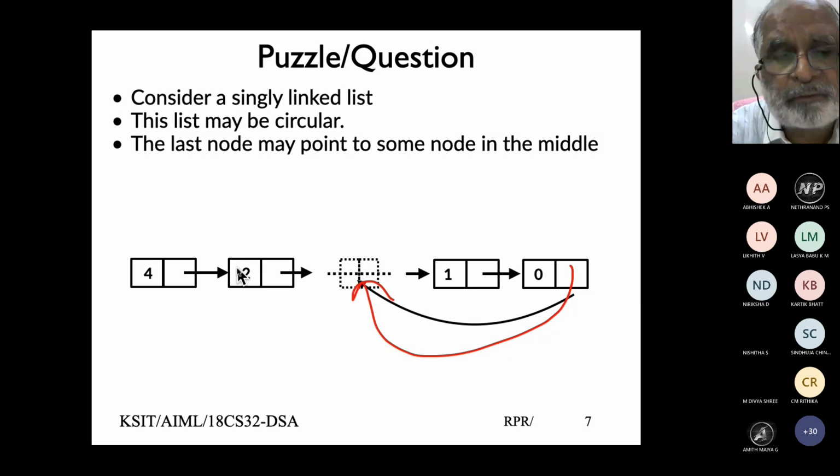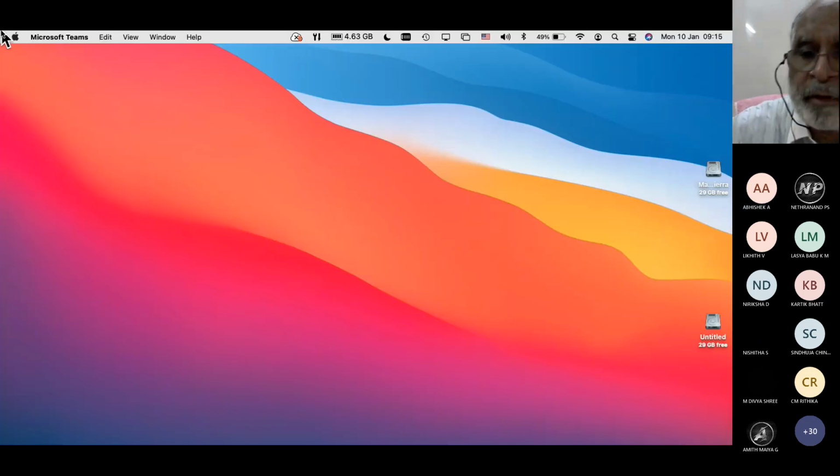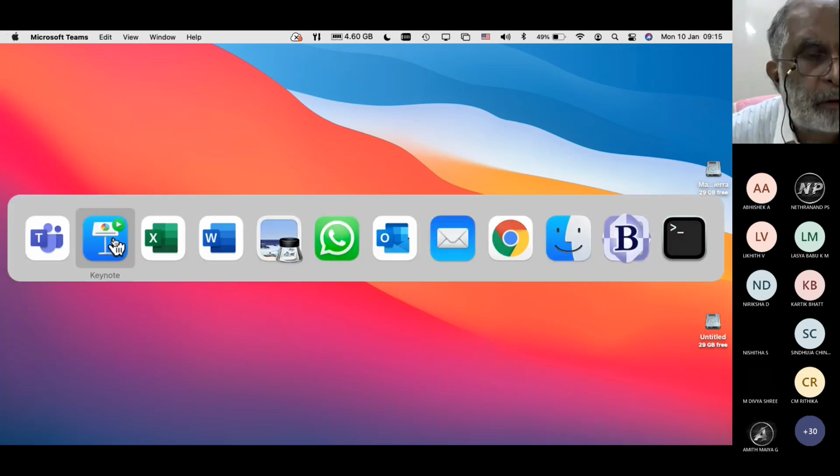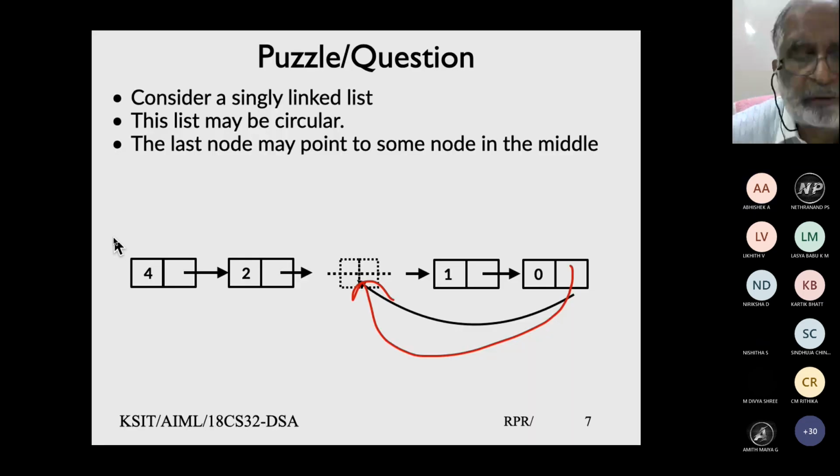But if you keep traversing and it is circular, it will never be null. So we'll keep going like this. How do you figure out? Because it will keep traversing, you will keep going in the loop forever.